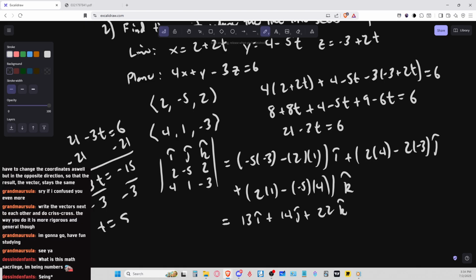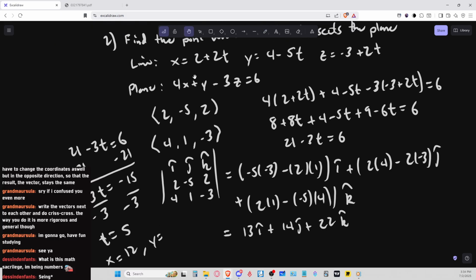So x would be 12, and then y, is that a 5? Yeah, that's a 5.